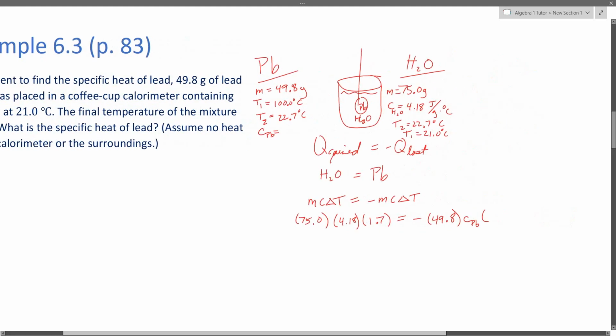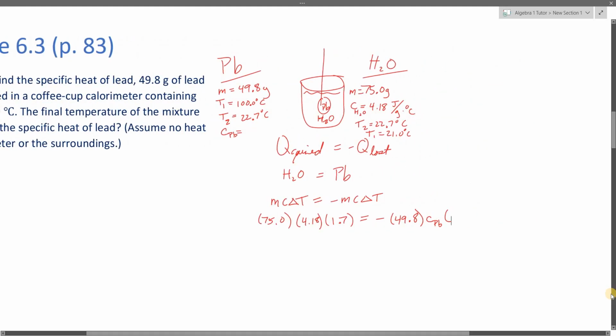Okay, so the information's there. You can see it in your text as well. I want to come over here and do this problem. We have the T2 value, 22.7, minus 100. So we do the second temperature minus the first temperature. Now we have a bunch of numbers.